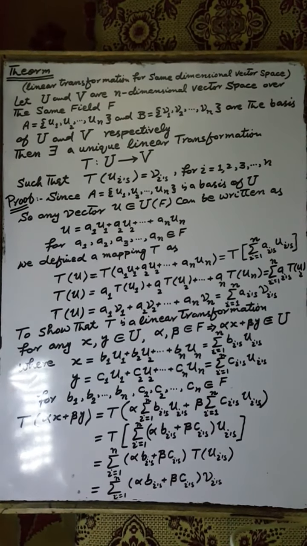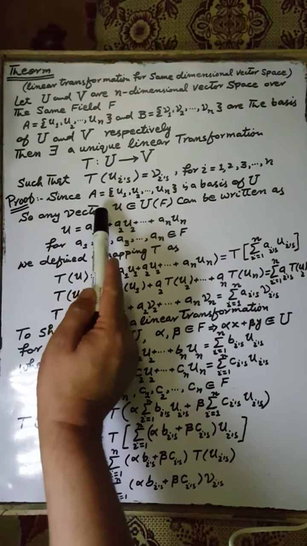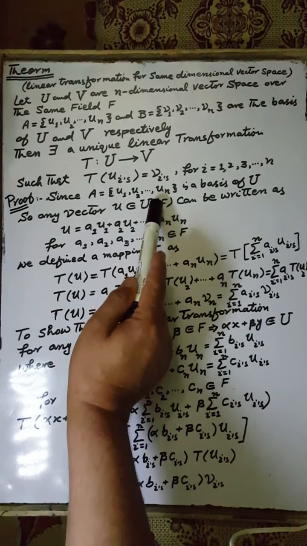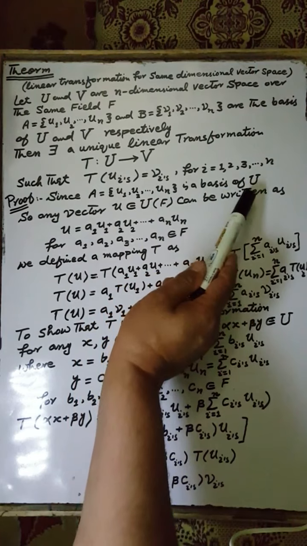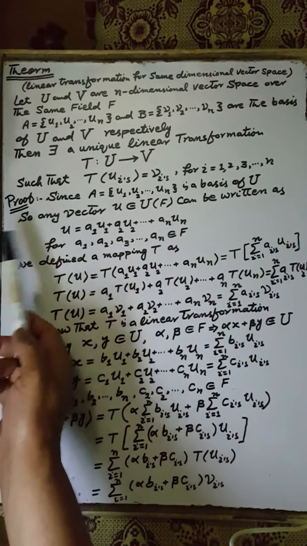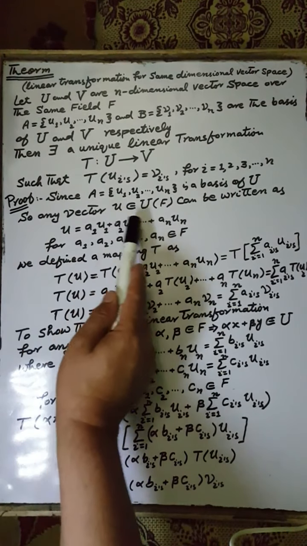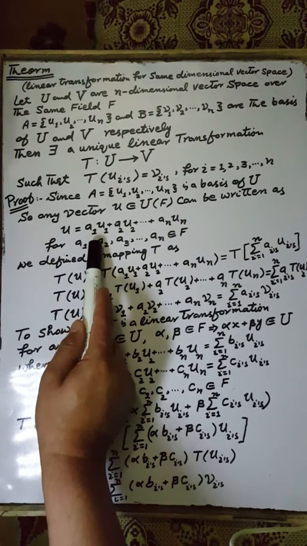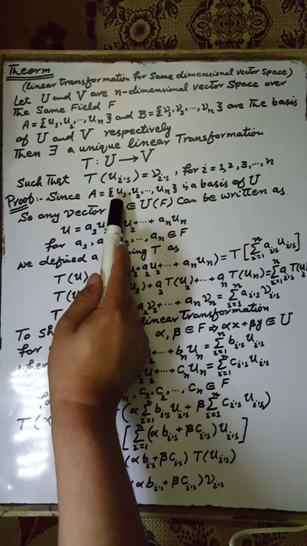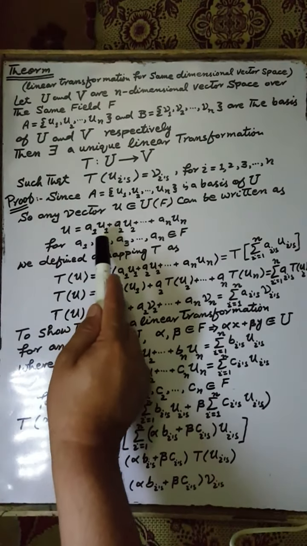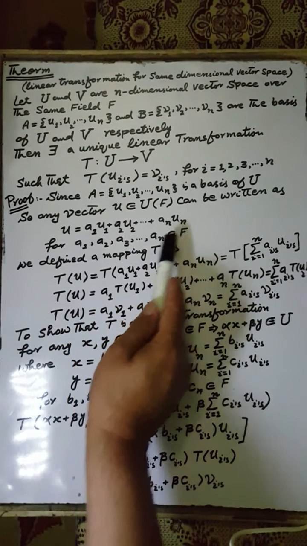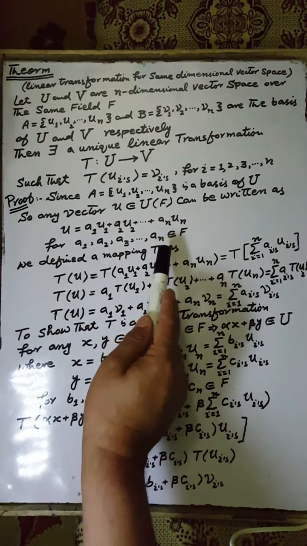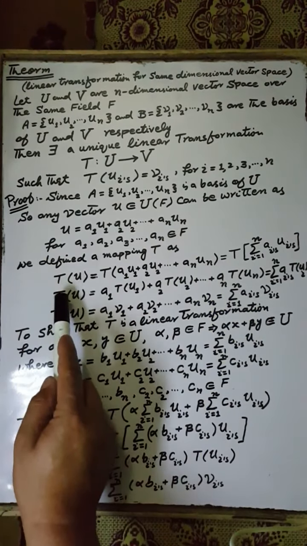Proof. Suppose that the set A containing the elements u1, u2, ..., un is the basis of the vector space U. So any element u of the vector space U over the field F can be written as a linear combination of its basis vectors, a1u1 + a2u2 + ... + anun, where a1, a2, ..., an are elements of the field.